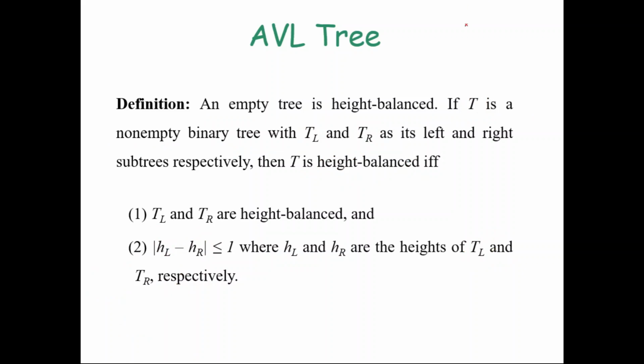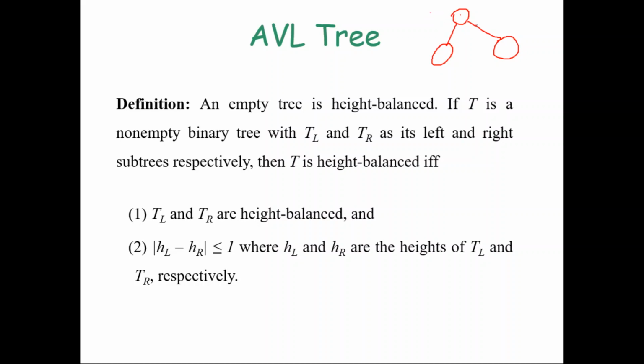If it is not understandable for you, let me draw something like this. So this is a tree. For every node you check the height. For this node, what is the height of its left subtree? It is 1. The height of the right subtree is also 1.